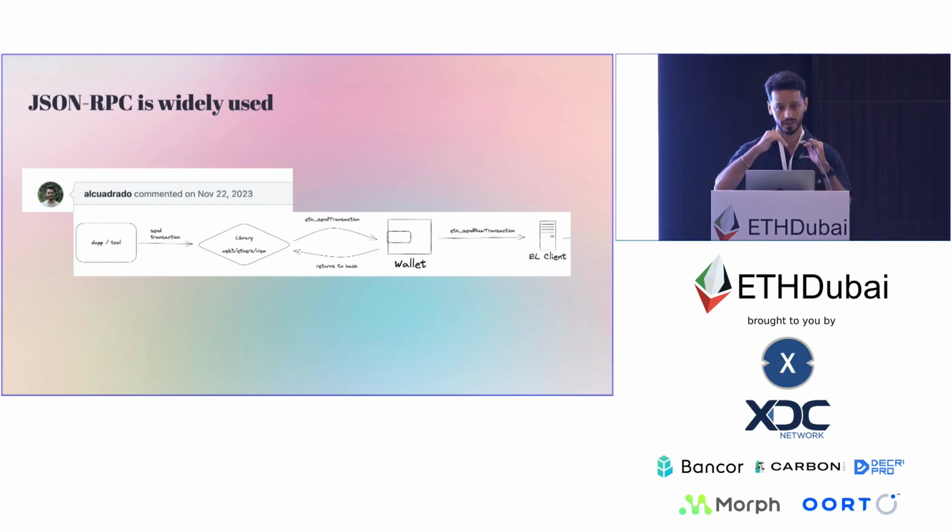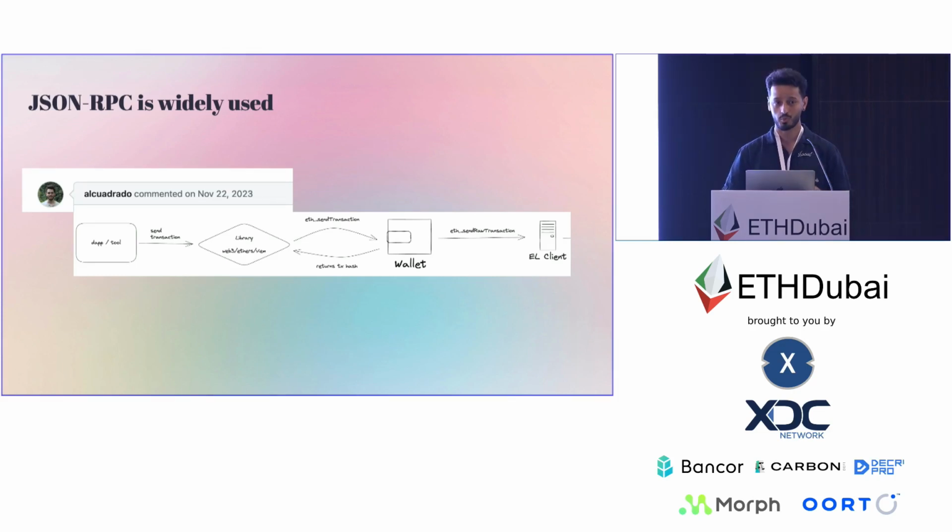Web3.js talks via JSON RPC to the wallet. The wallet, in turn, talks via JSON RPC to the provider or the EL client. So all the way from the end user to the EL client, you can see the same API is being used. In my opinion, this coupling is a bit too tight.